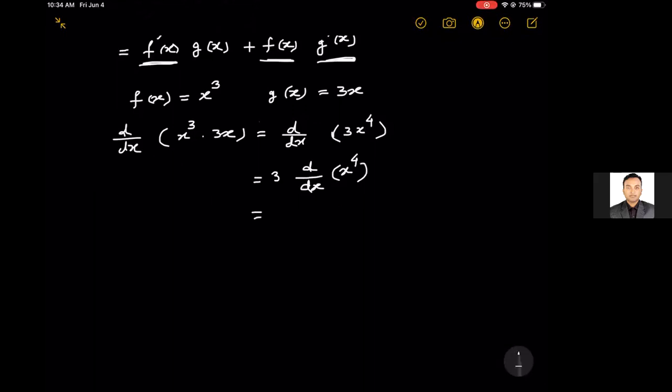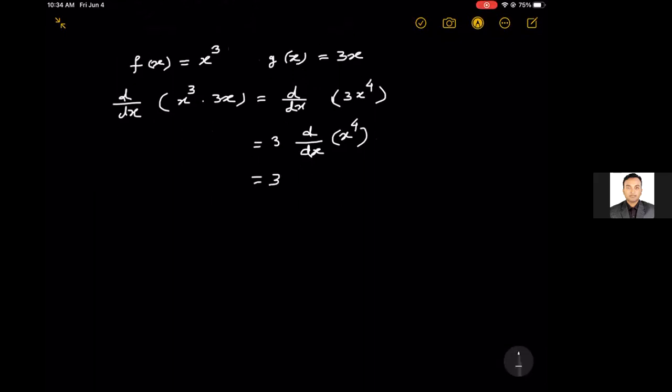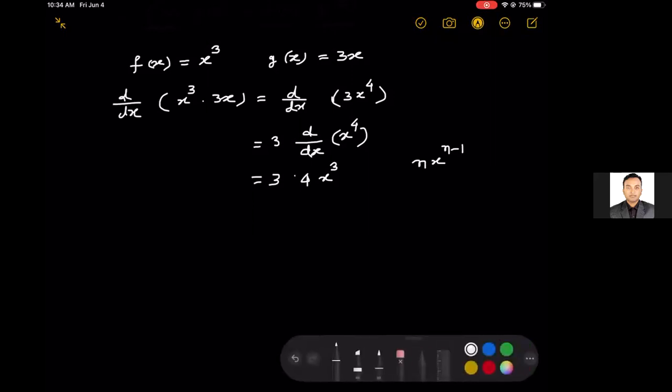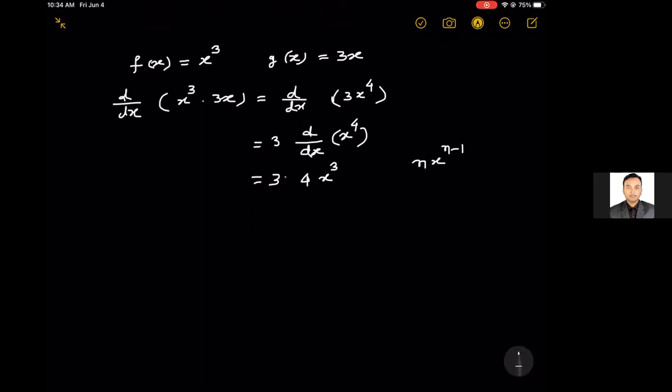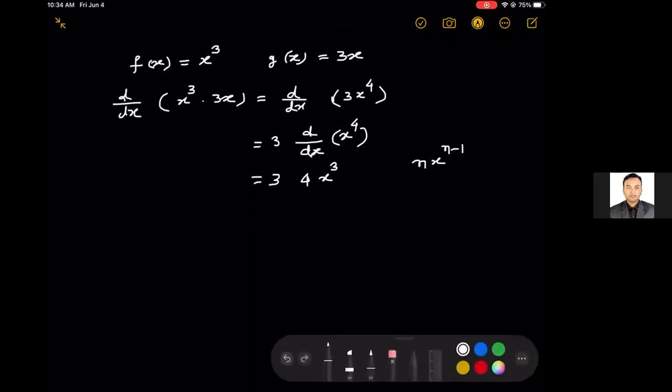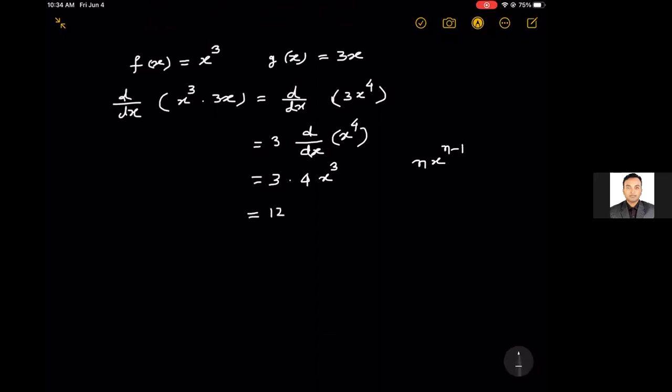using the power rule, the power comes in front, and here we have one less, right? We are using this formula, n times x to the n minus 1, where n is 4. Do you agree? If we simplify it, we get 12x cubed.